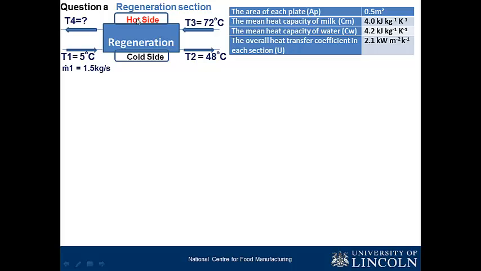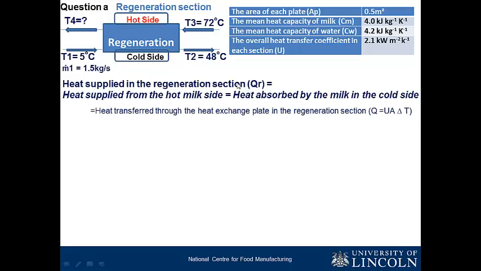Now, the heat supply in the regeneration section, let's call that one QR, is going to be the heat supplied from the hot milk side. It's going to be the heat being supplied from this side. Don't forget the initial assumption: no heat loss, or let's say it is negligible. This formula is valid because the assumption is there's no heat loss.